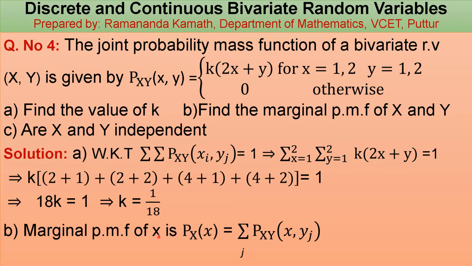So x is fixed whenever it is the marginal probability mass function of X. For a discrete random variable X, it is a summation, and marginal probability mass function of X means x is fixed, y varies. For the fixed x value, you need to calculate the probability of that x value with the possible y values, the sum of all that probability.